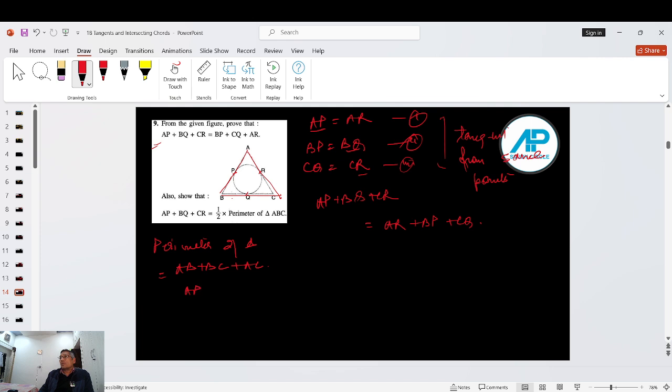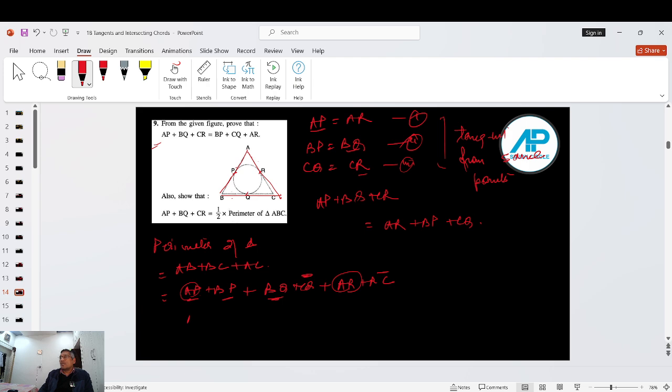AB has two parts, AP plus BP; BC has two parts, BQ plus CQ; AC has two parts, AR plus RC. Now because AP and AR are equal, BP and BQ are equal, and CQ and CR are equal.